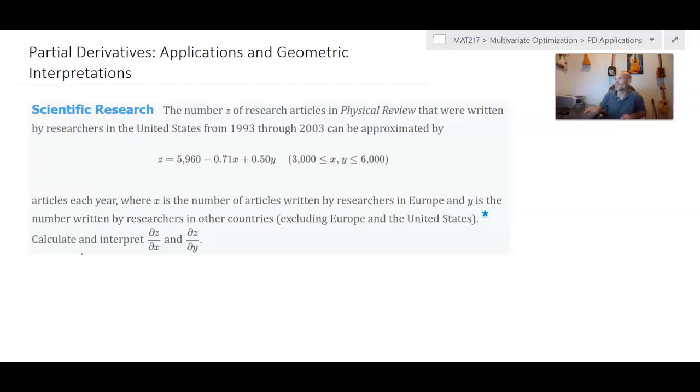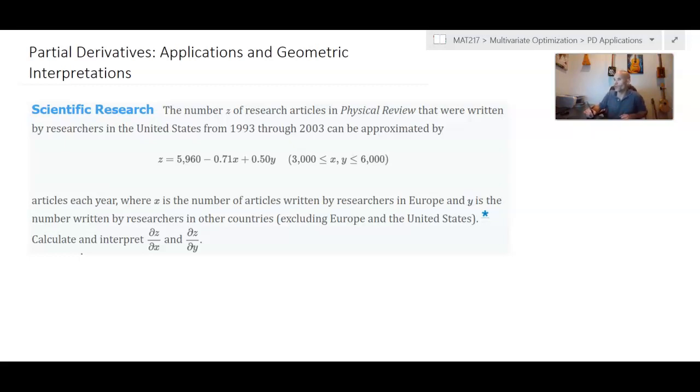So basically if you tell me how many articles were published this year in Europe and other countries, then I can plug those numbers in and determine how many were produced in the US. So again, number of European articles, number of articles in other countries, and from that we can estimate the number of articles that will be written in the United States in that year.